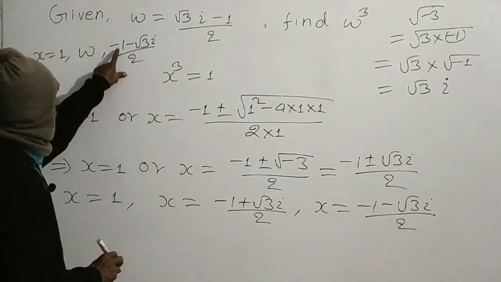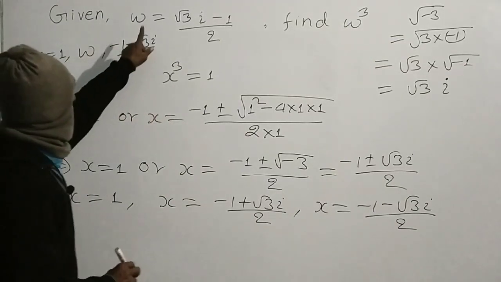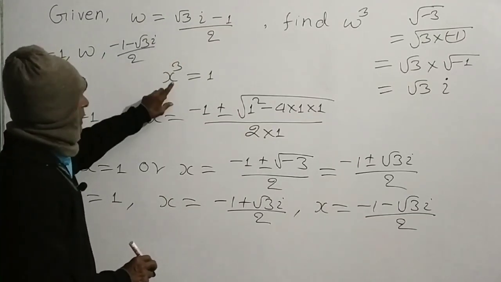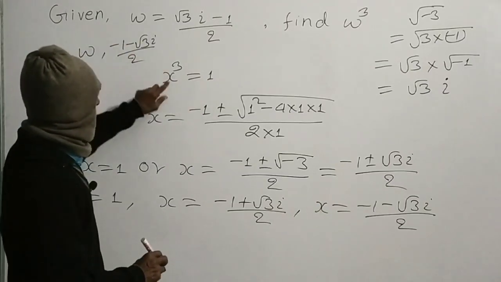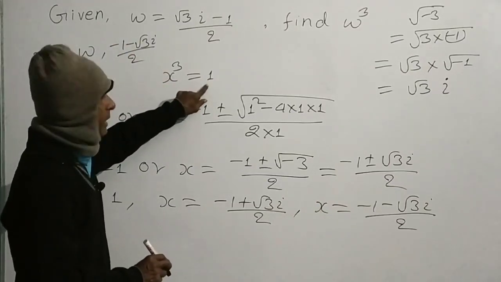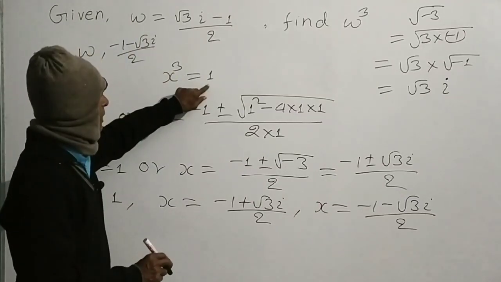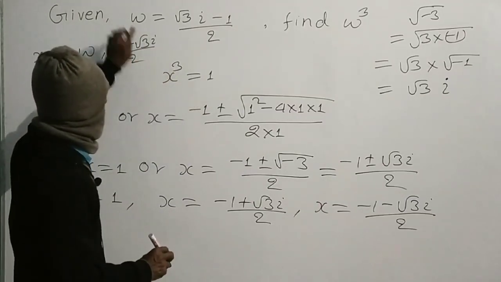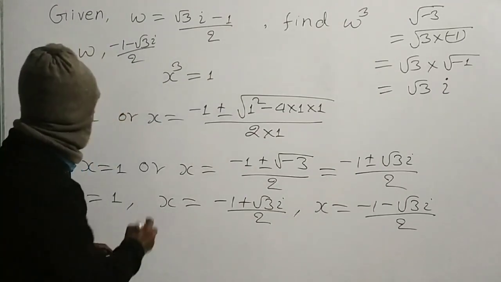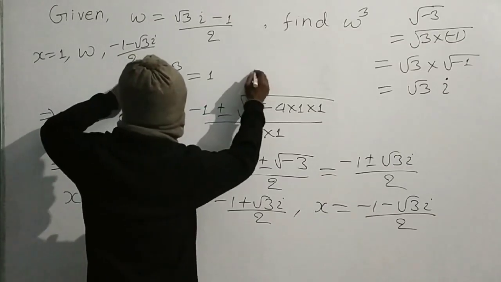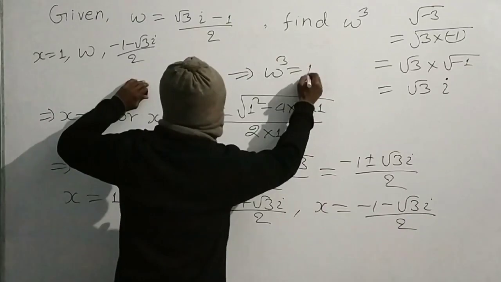Therefore, we can also write omega square here. But it is obvious that omega given in the question is a root of this equation. If omega is a root of this equation, then omega will satisfy this equation. That means when we put omega in place of x, LHS will be equal to RHS. That means omega cube will be equal to 1.